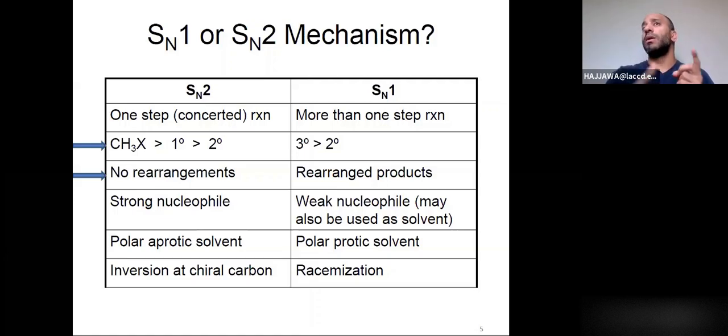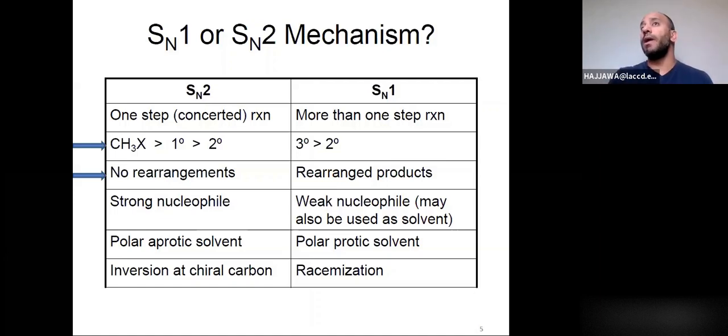Methyl X and primary alkyl halides usually go for an SN2 reaction, versus the tertiary alkyl halides, which will always favor SN1 reactions. And that's definite. So every single time you have a tertiary alkyl halide, don't even think about doing an SN2 reaction. The tertiary alkyl halide will undergo carbocation formation, possible rearrangement, if any, then nucleophilic attack. So it's a first order reaction.